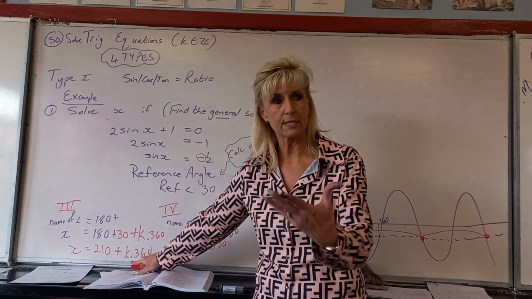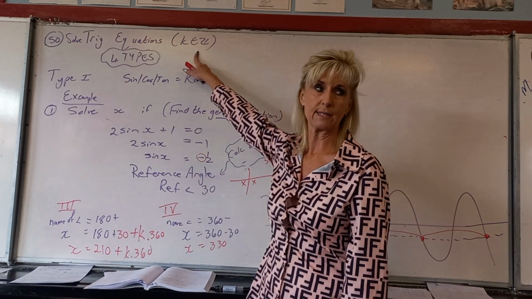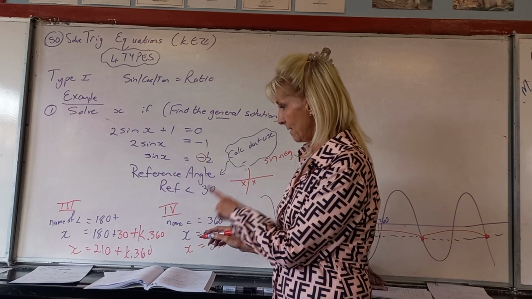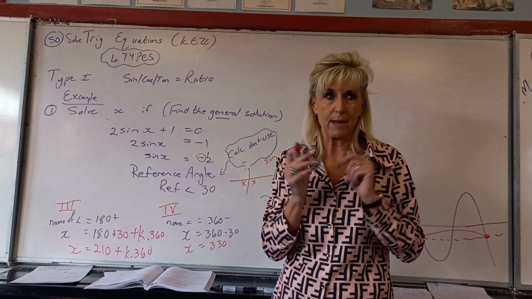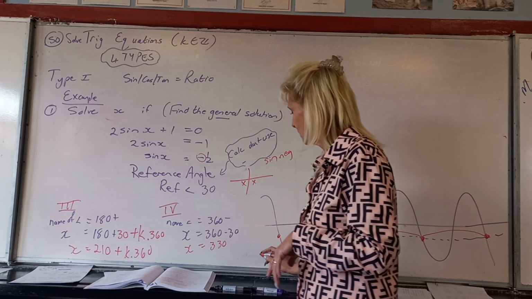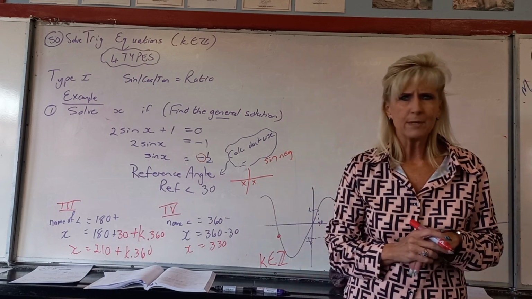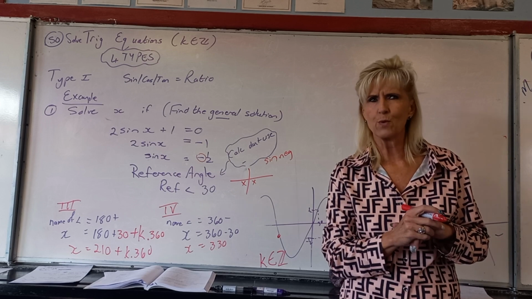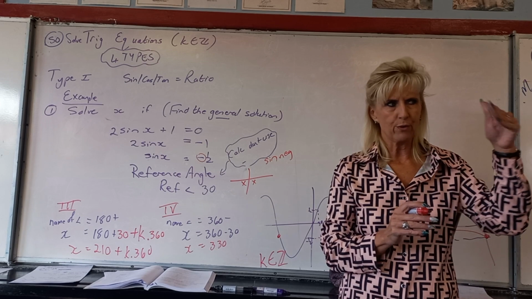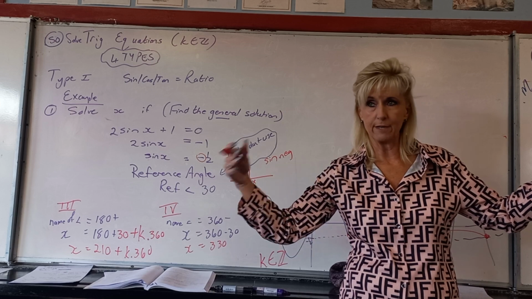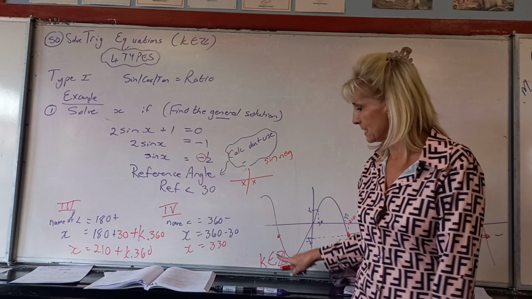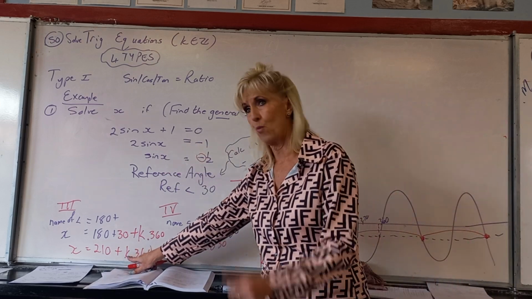Now the k I've got to explain. And that's where the k's come in. I've got to tell them, listen here, that k that I just popped in there, because ma'am taught me that k must be a, what does that mean? Yes, right. Element of the integers. What are the integers? 1, 2, 3, 4, 5, and -1, -2, -3. So this means that k there can be 1.